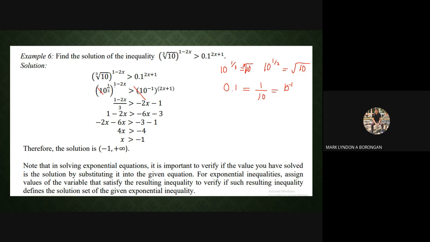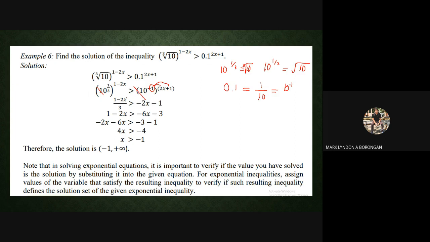And now you are left with 1/3 times 1 minus 2x, which is just equal to 1 minus 2x divided by 3, greater than -2x minus 1. Ngano man negative man ni? Because we have this negative, gidistribute ang -1.